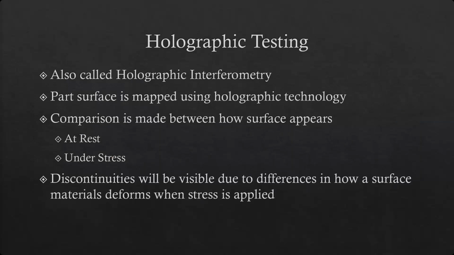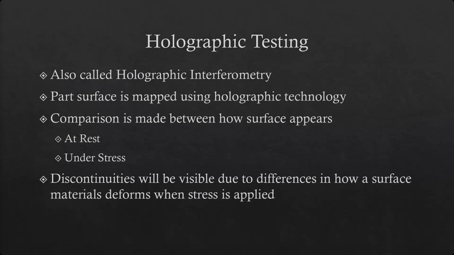When stress occurs, the surface will flex or move or deform in some way. And the holographic interferometer will be able to pick up those changes in order to map what that surface looks like.